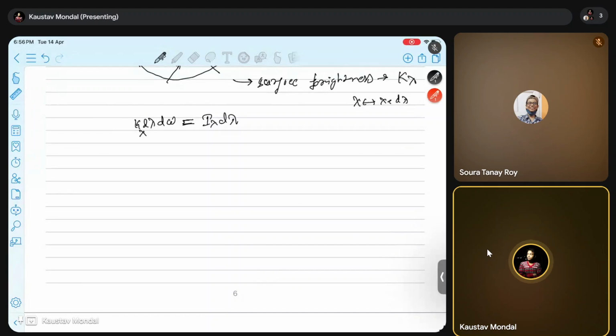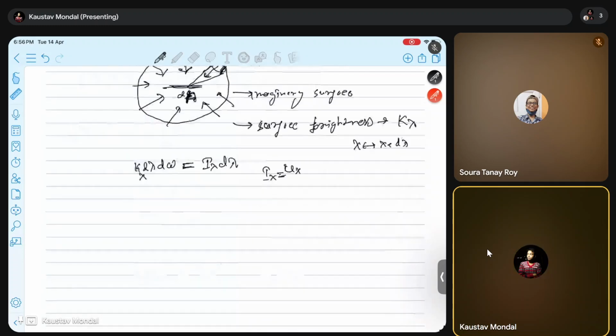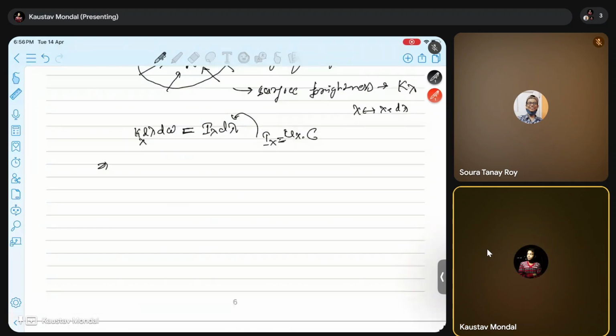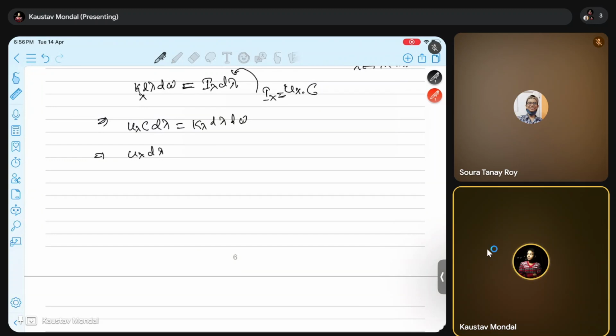This I lambda d lambda you can also write in terms of u lambda. u lambda is I lambda by c, so I lambda will be u lambda into c. If we substitute this here, u lambda d lambda would be K lambda by c d lambda into d omega.